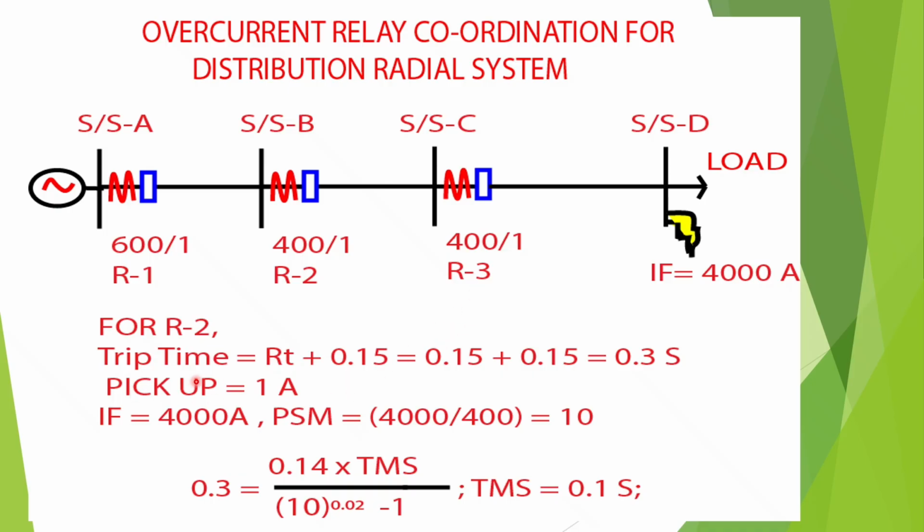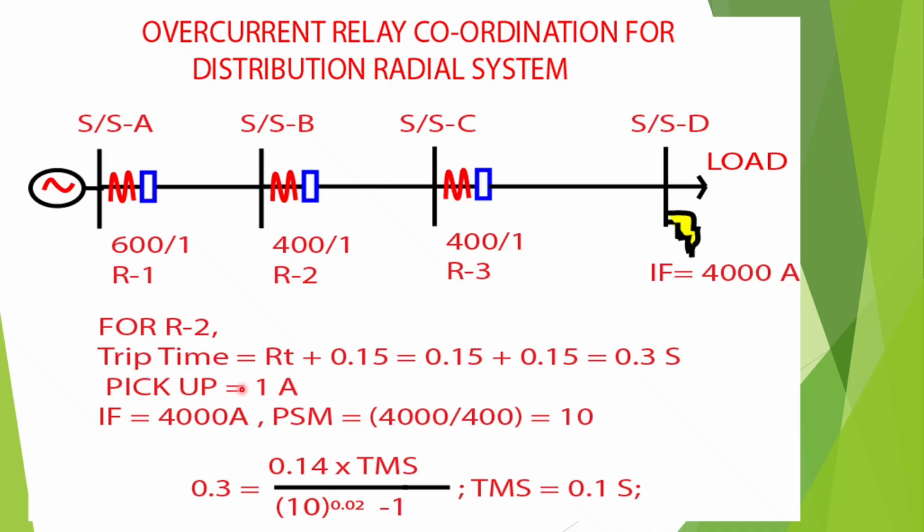So for R2, the trip time will be the time margin of 0.15 second plus the operating time of relay R3, so 0.15 plus 0.15 is equal to 0.3 second or 300 millisecond. In this case, the relay pickup is set as 1 ampere in secondary terms, the full load of the CT ratio 400 by 1.